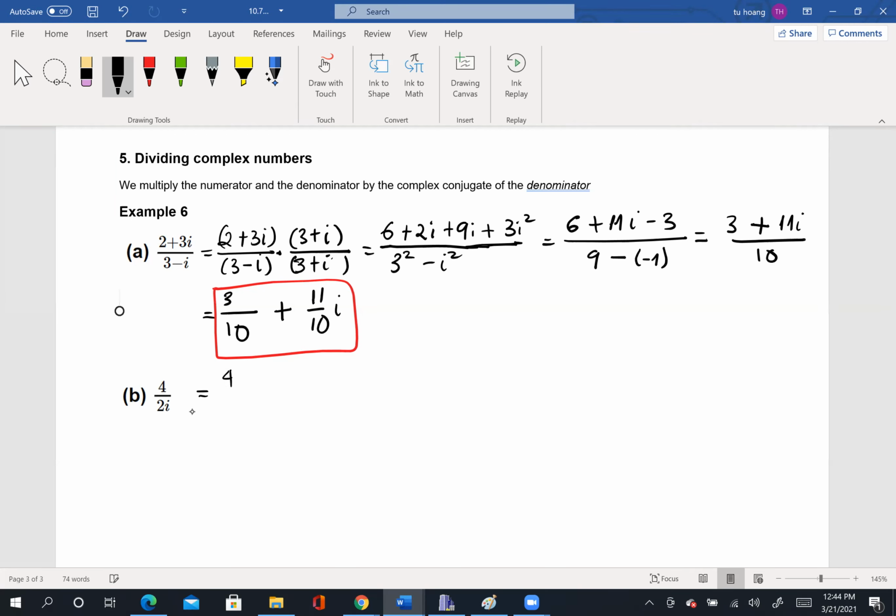So I have 4 over 2i multiplied by, okay, what's the conjugate of 2i? It is negative 2i, right? So 4 times negative 2i will be negative 8i, and the bottom gives you negative 4i squared.